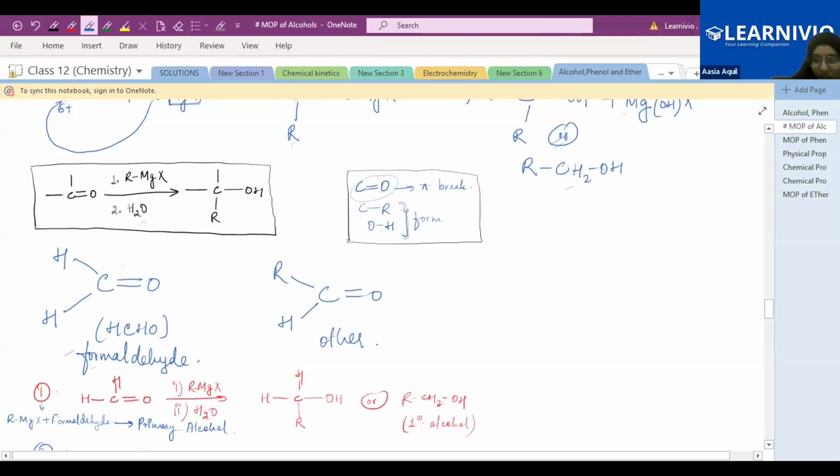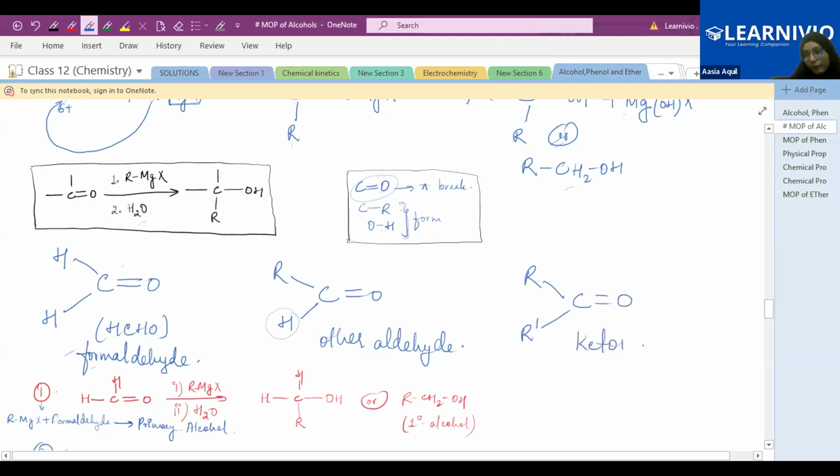So you can write other aldehydes. Second one, if I replace this hydrogen by any other alkyl group, what is this compound? It's RCOR dash. So this is a ketone.